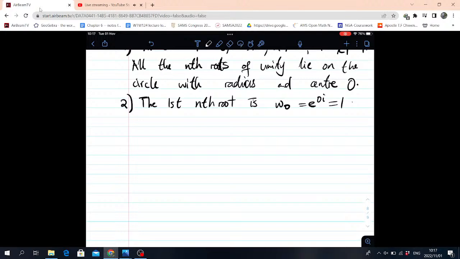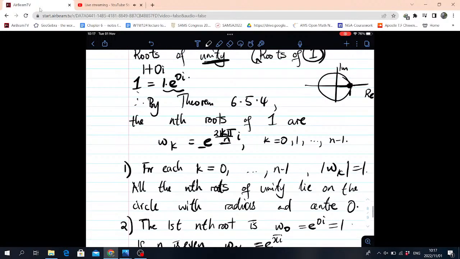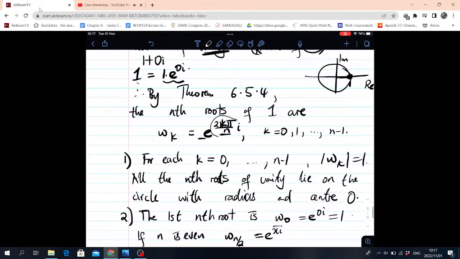And in the special case when n is even, we also have minus 1 as a complex number, which is e to the pi i. So when you put k equal to n over 2 here, you can see that the angle becomes pi, right?